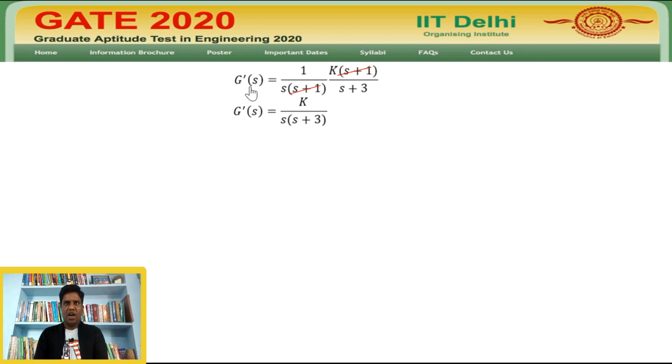From observation of the open loop transfer function, we can conclude the type and order of the system is type 1 and order 2. Here, type number explains the number of poles at the origin. In this equation, the denominator contains a single pole, s equal to 0, at the origin.